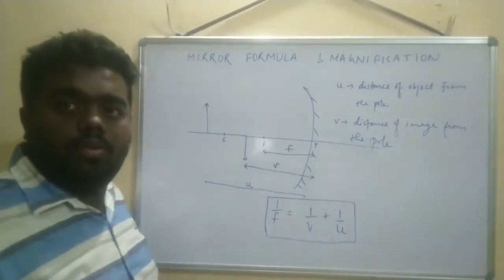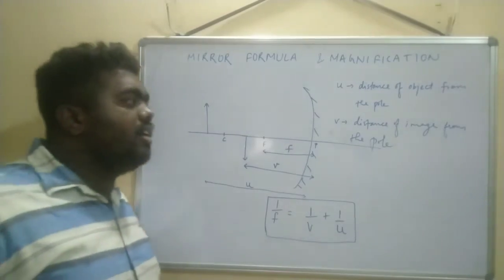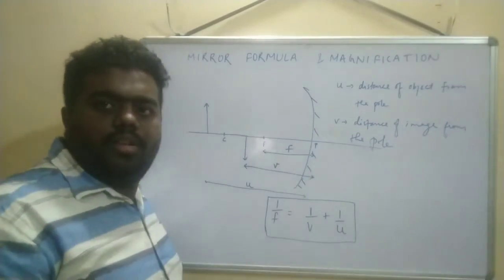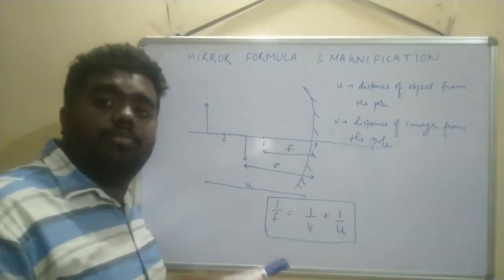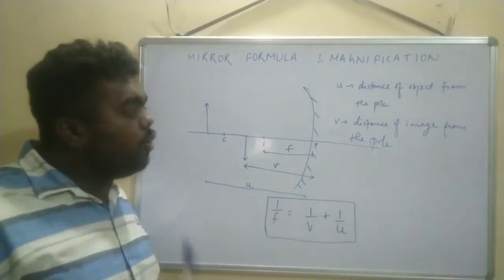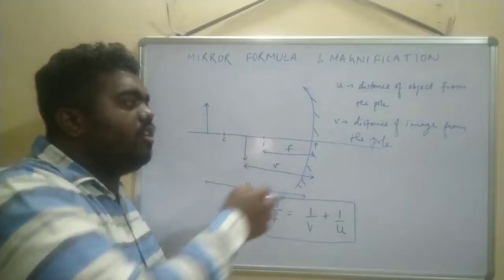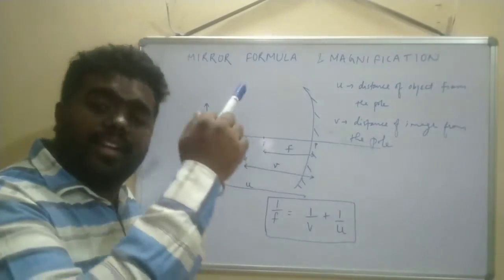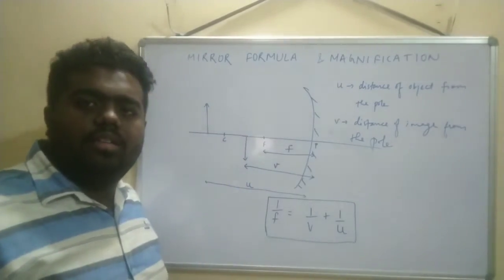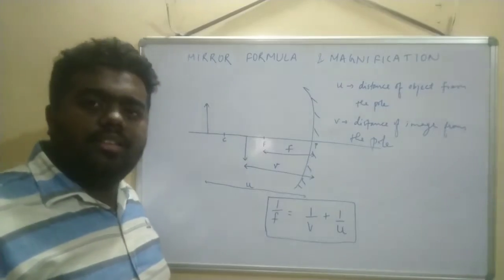Remember this thing. In numericals we will see the distance from the mirror. It will be written as the distance from the mirror. So don't worry if it says pole or mirror, we will take it as v, u, the same thing.